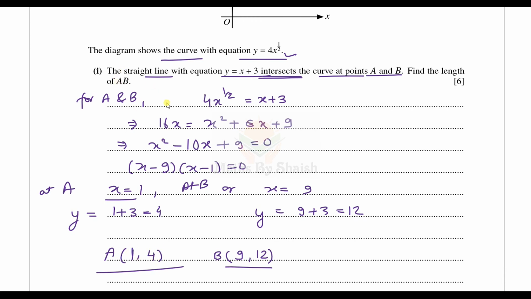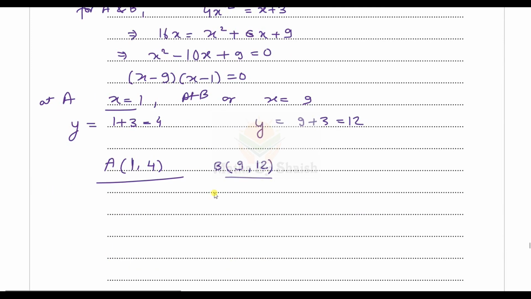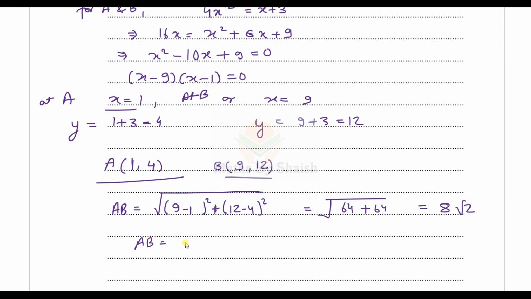AB is equal to the square root of the difference of the x coordinates and y coordinates squared: 9 minus 1 and 12 minus 4. So it is 8 square, 64, plus 12 minus 4, 8 square again 64, and hence it is going to be 8 root 2. So AB length is 8 root 2 units.